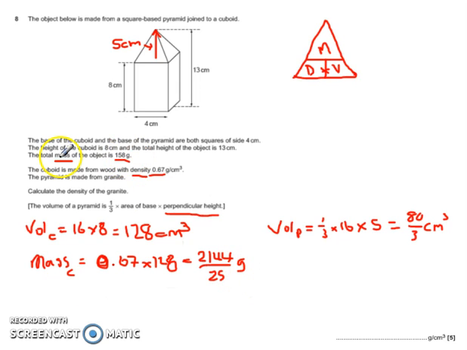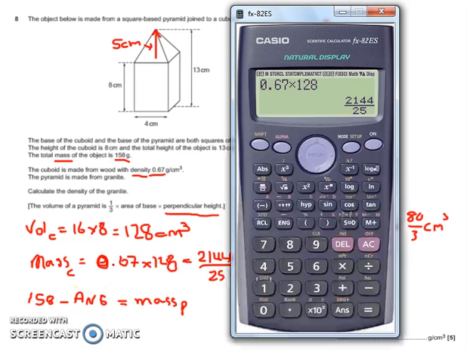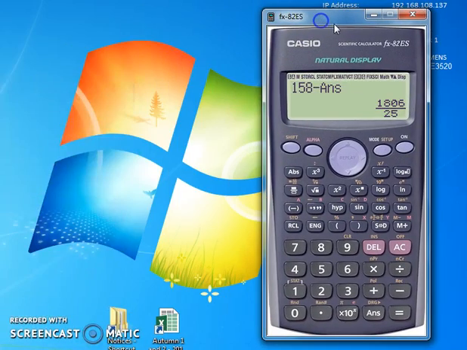And the total object mass is 158. So if we then go on and do 158 minus our answer that we've got on our calculator screen, we should be getting the mass of the pyramid. And I'm just going to put the little p there. Okay? So now, I'm really sorry about the writing. So we're going to go 158 minus the answer equals 1806 over 25.